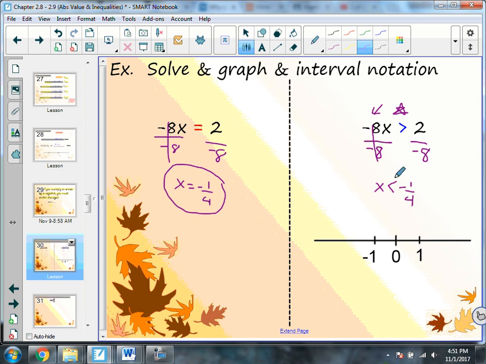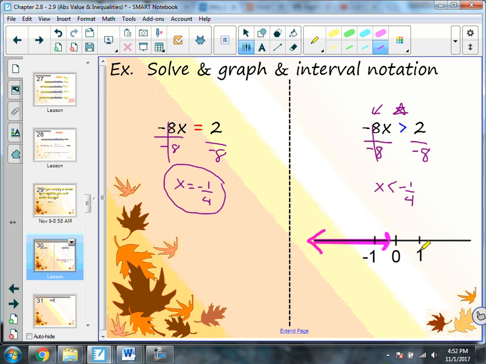And so because it's less than and not less than or equal to, I have a parenthesis at -1/4 right there. And then I'm going to shade less than. So I'm going to go to the left. Those represent all the quantities less than that amount. So there's my -1/4.